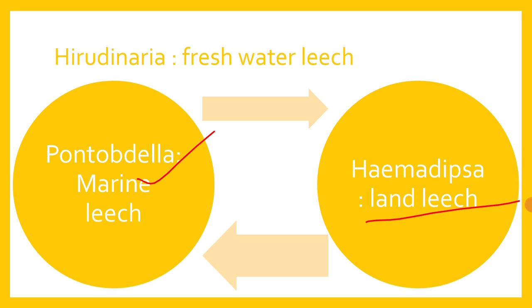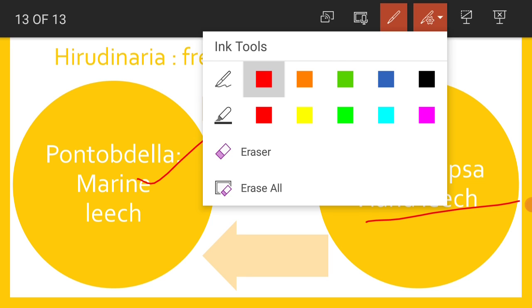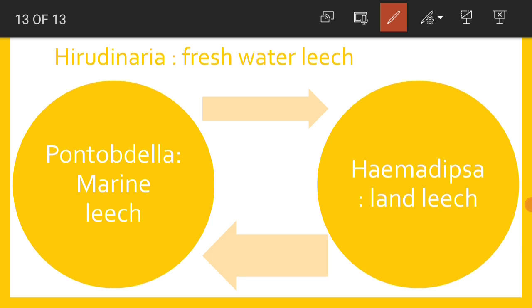And there is one more leech that is used for medicinal purpose, namely Hirudo medicinalis. This is normally used in the treatment to suck out the blood from injuries or from wounds or some abscesses.